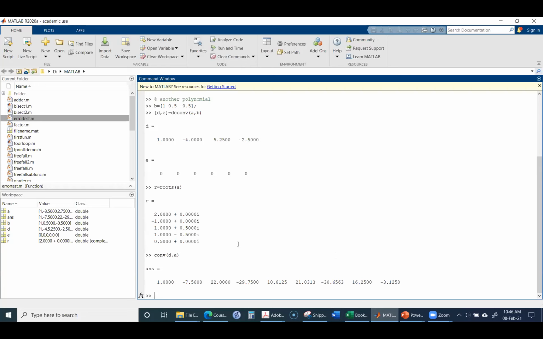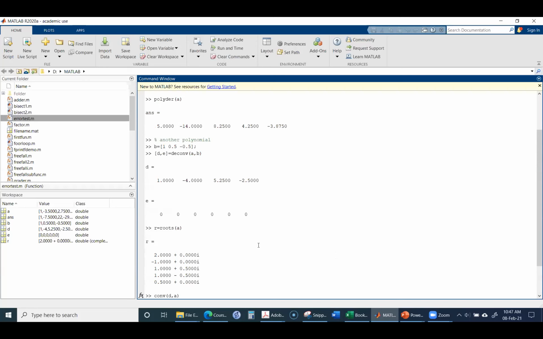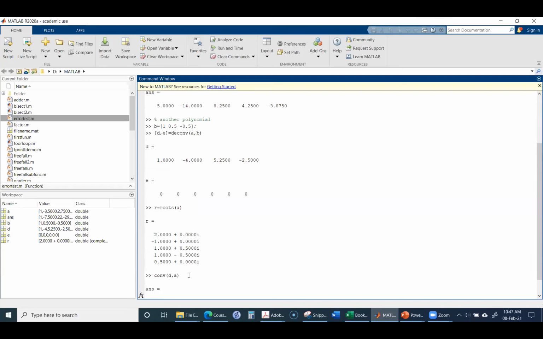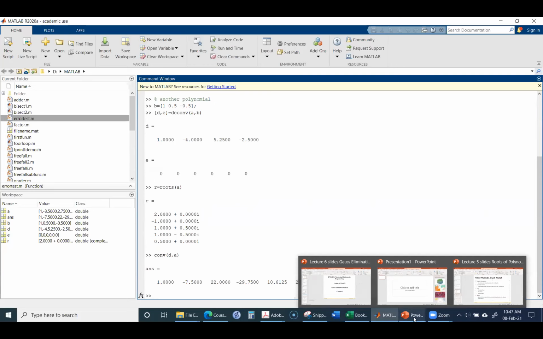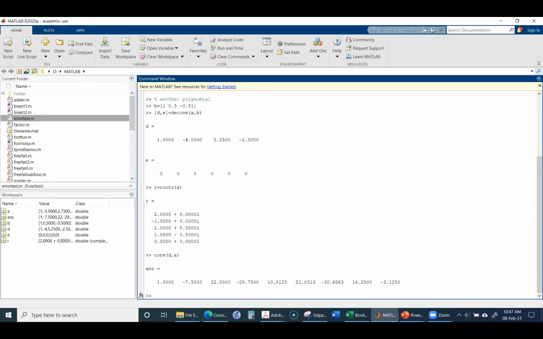Yes, because A was 5th order and D was 3rd order. So this was about polynomials and how we find the roots of polynomial equations. Okay, so that was the topic for the roots of the polynomials.